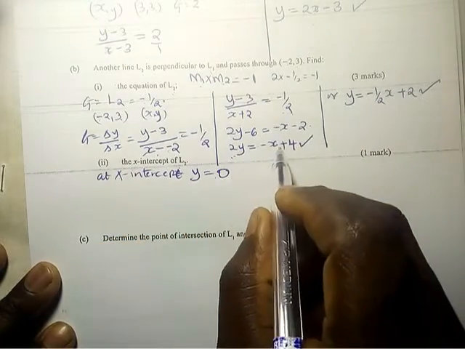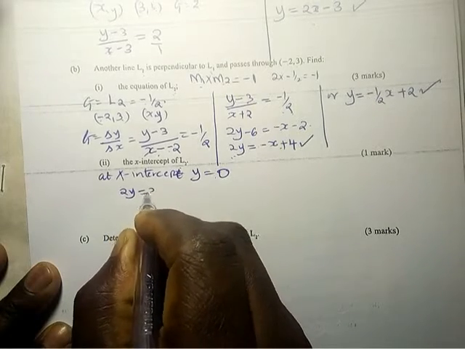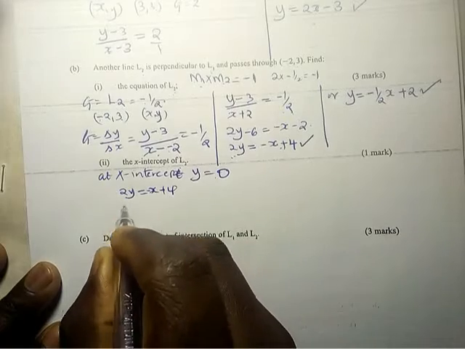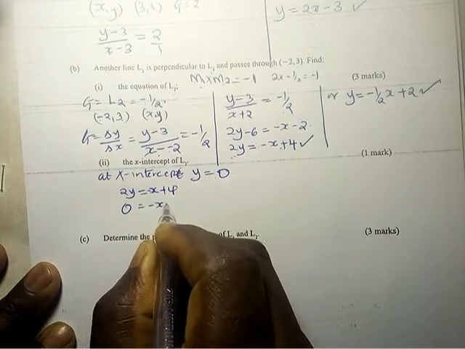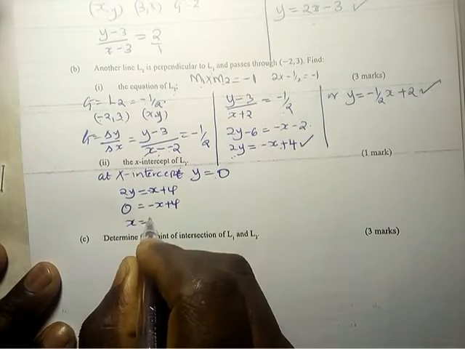Let us use this one in fraction form. So 2y equal to minus x plus 4. So 0 equal to -x plus 4. When it moves across, x equal to 4.